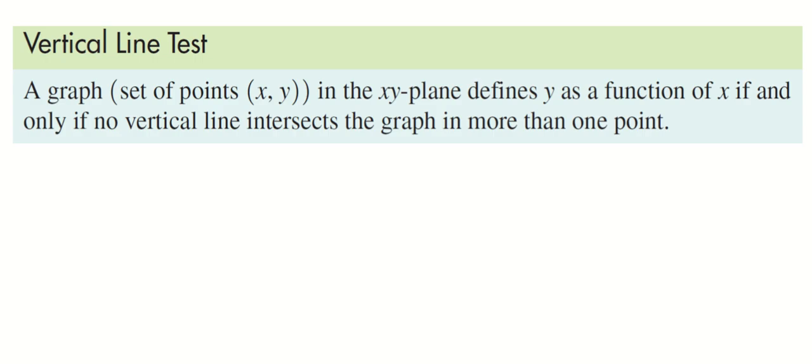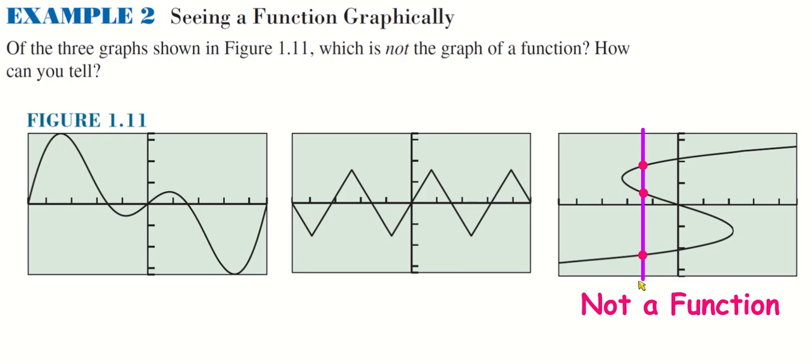The vertical line test is, can you move a vertical line anywhere on the graph, left to right, and have it only hit the graph once? See how the vertical line's only ever hitting the graph once? This vertical line, no matter where I slide it, left to right, is only ever hitting the graph in one spot.